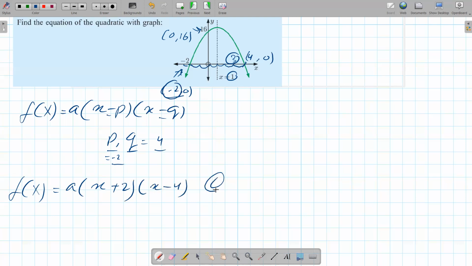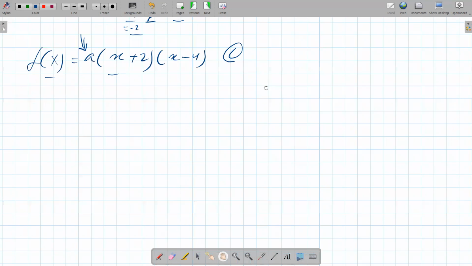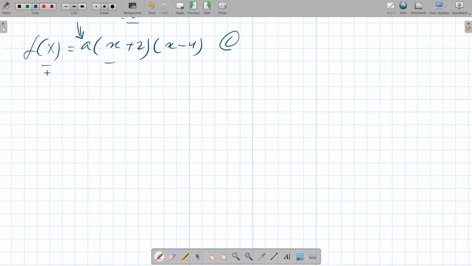This is the first step. What about the value of a, the missing value? We substitute 0 for x and 16 for y, 16 instead of f of x, and 0 instead of x, then it becomes a times 2 times -4.